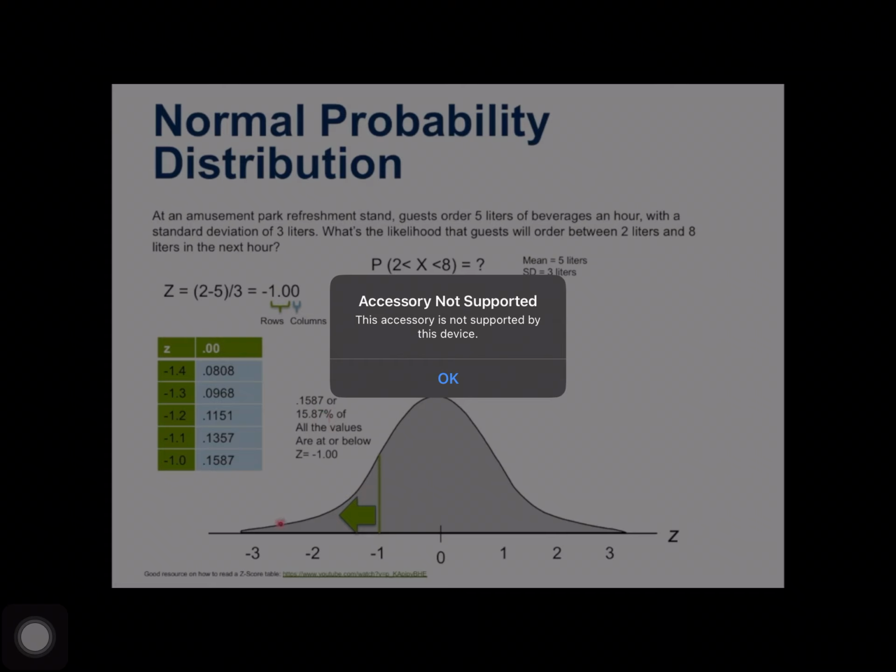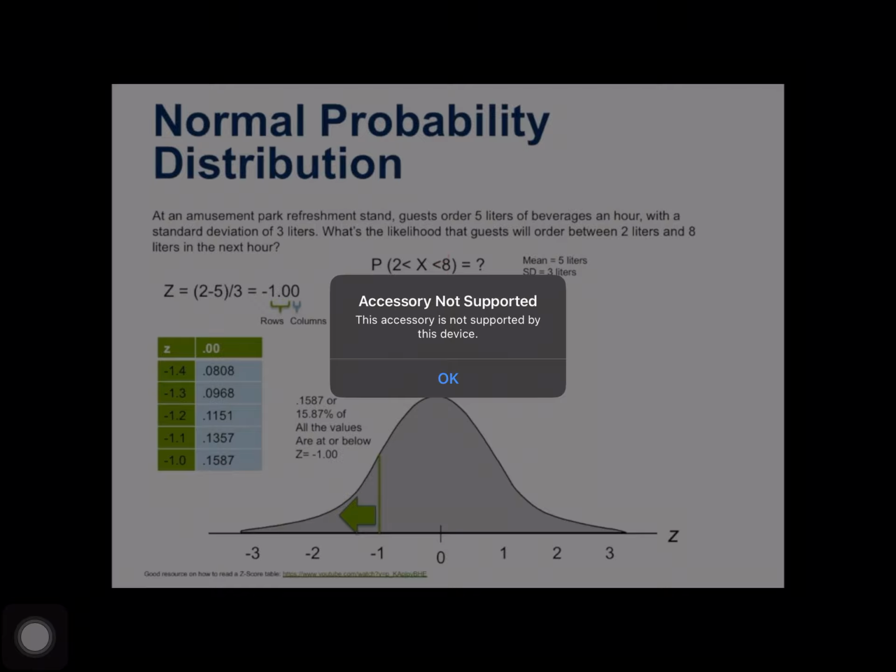So if I looked at a distribution of this type and I wanted to know what 2 liters represents, which I was able to calculate as -1 on the z-scale, it tells me that I only am seeing values less than that 15% of the time.